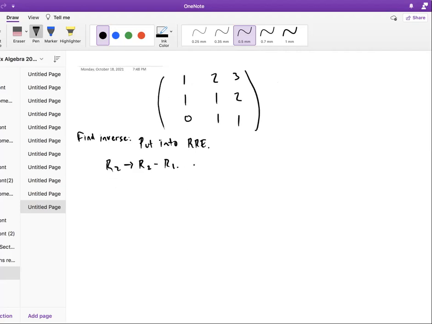So why don't we do it first and then construct the inverse. So -1, -1. Oh wait, I don't want these numbers, I'm sorry. Let's try that.